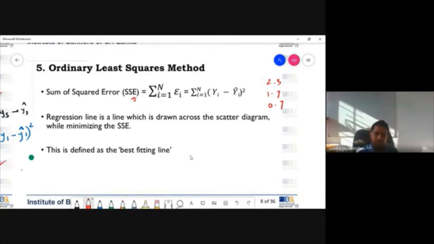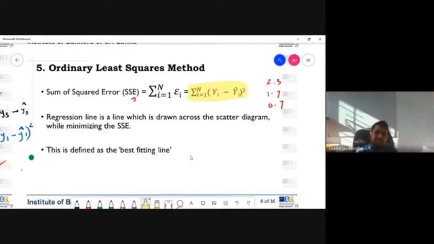Sum of squared error is sigma i equals 1 to n of epsilon i squared, the individual errors added up. In the final definition form, this is the equation form. We have taken the differences, 2 minus 4, 5 minus 2, and taken the squares.